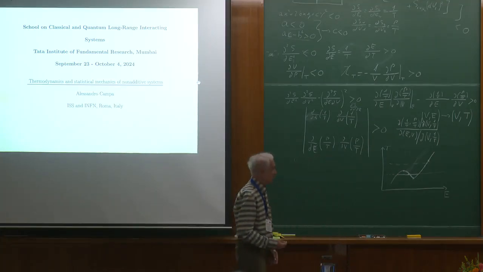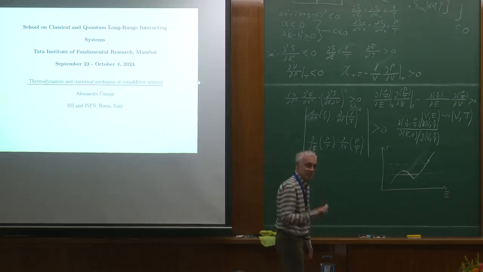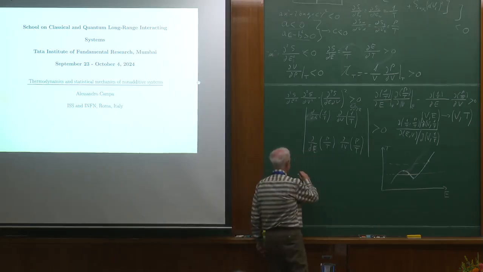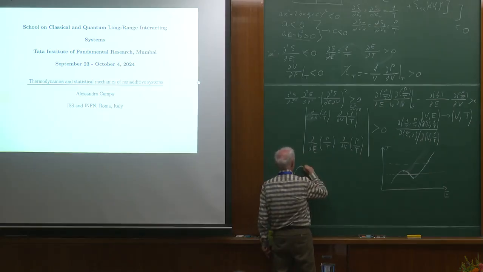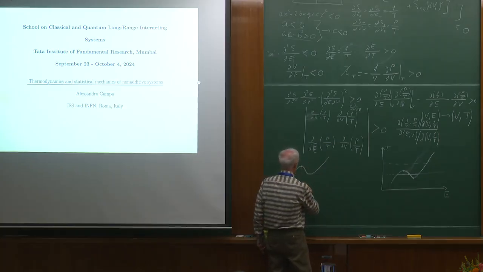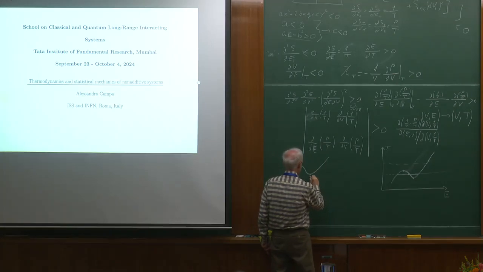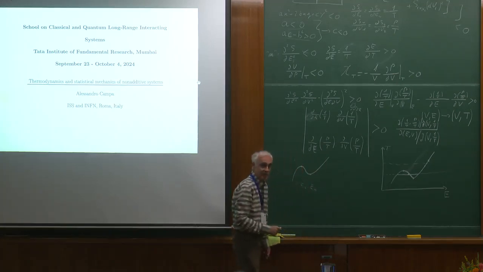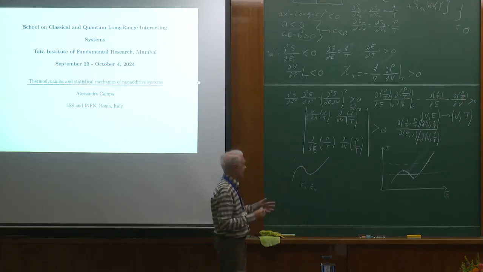If I have a situation like that, then the system says, okay, now I'm here. Here you have a system with a given energy, EA. Here you have the system with a given energy, EB. But as we have seen, there is additivity.